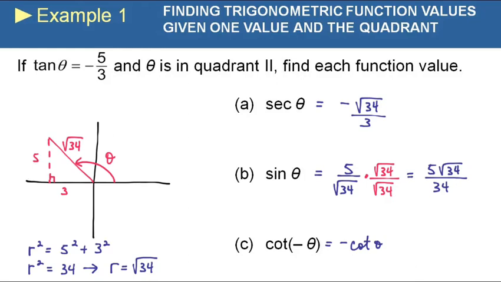So tangent is y over x, cotangent is x over y. So this will be negative 3/5, because remember, in quadrant 2, cotangents are negative. This negative is this one that you see here. The cotangent of theta is negative 3/5, so negative of negative 3/5 is equal to positive 3/5.